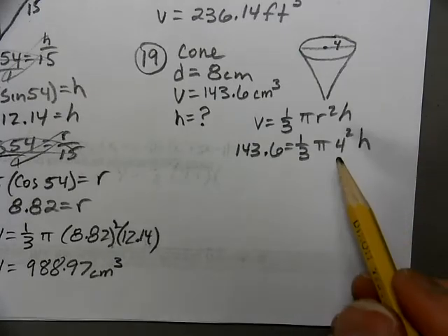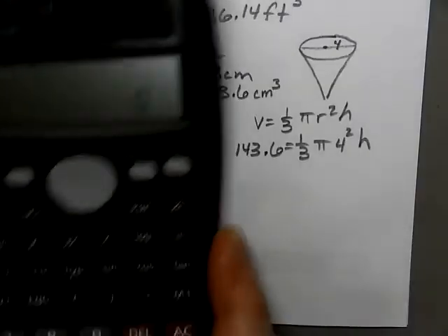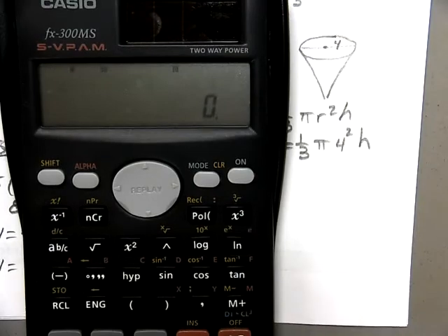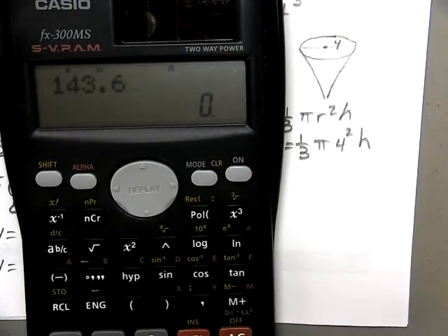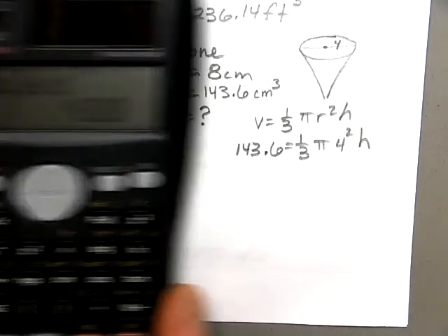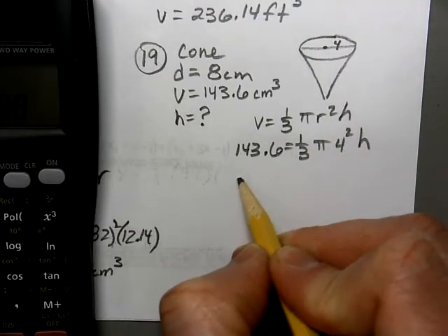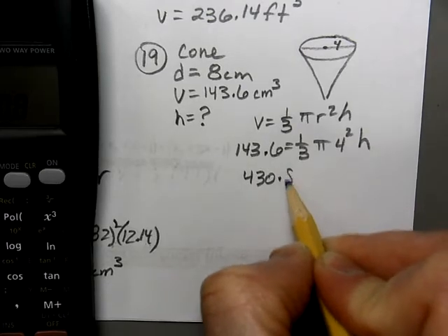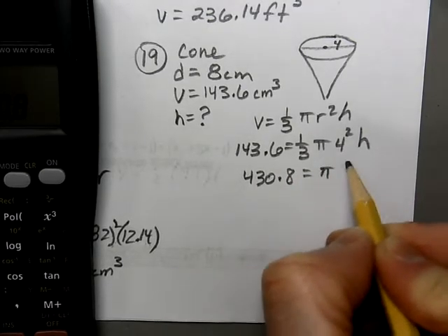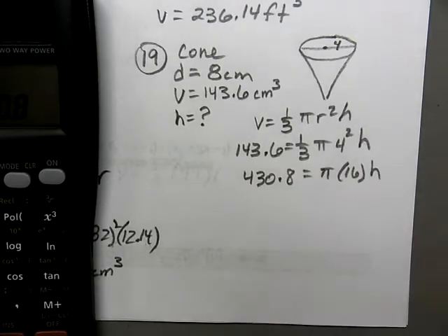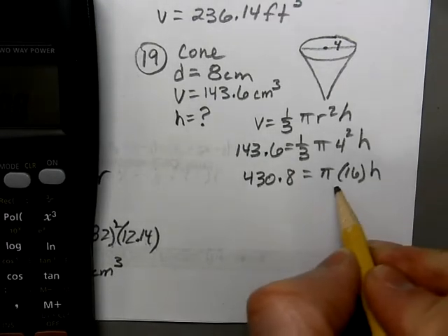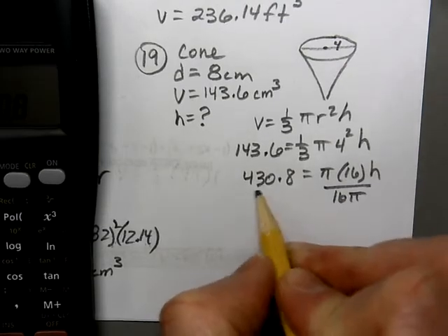Well, I'm going to take the 143.6 and I'm going to multiply that by the denominator of 3. So I'm going to multiply 3 to both sides. That gives me 430.8. And then I'm going to divide by 16 pi.